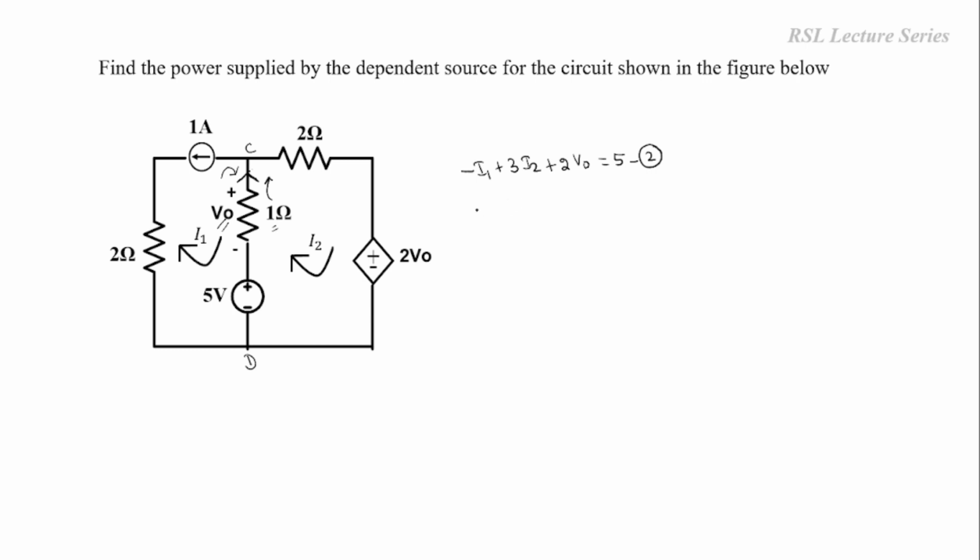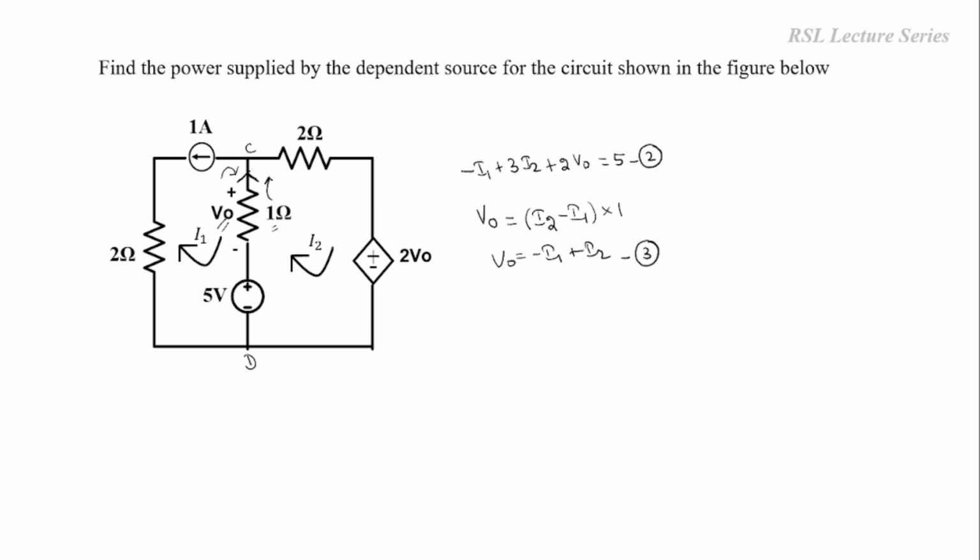V0 is nothing but the voltage drop across the 1 ohm resistor. By Ohm's law, V is equal to I into R. The current flowing through the 1 ohm resistor is I2 minus I1 and the resistor value is 1. So V0 can be written as minus I1 plus I2. This is equation number 3.